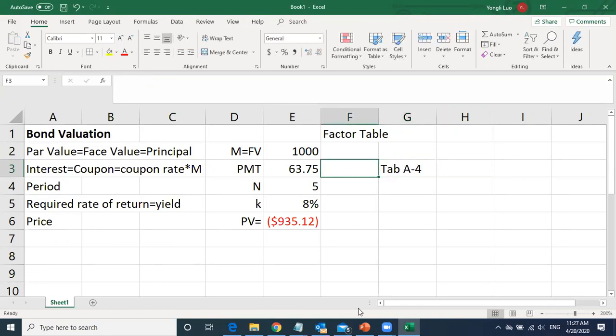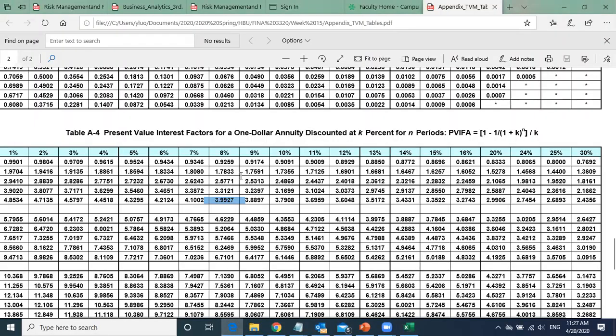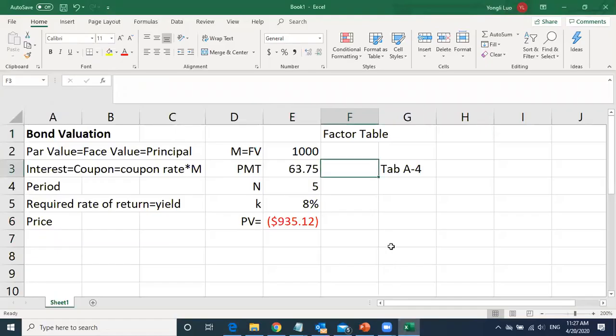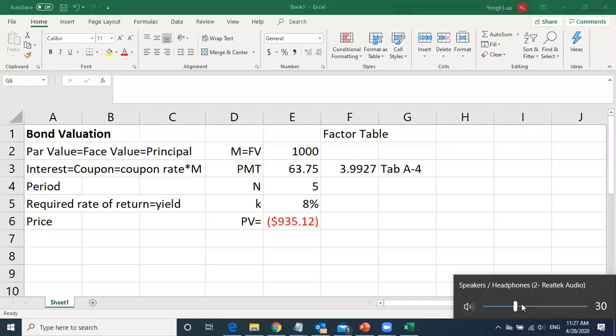So what is that number we got here? From A4 we got 3.9927. Could you show me how you got the payment again, please? Like the 63.75?